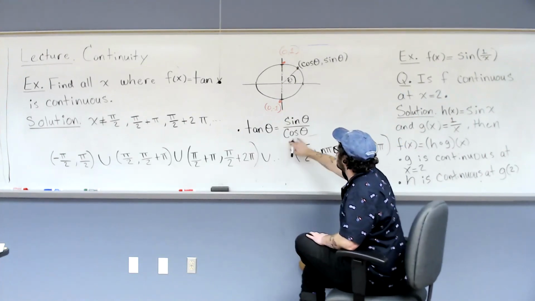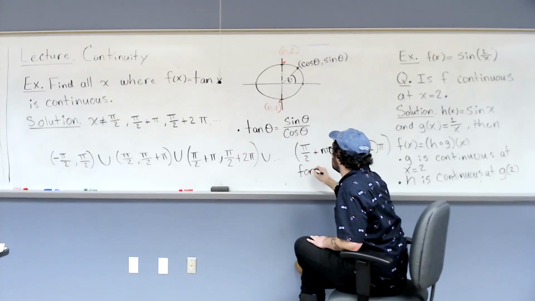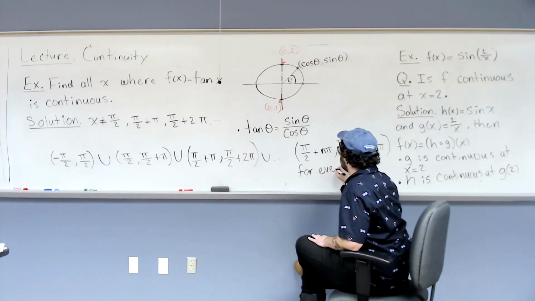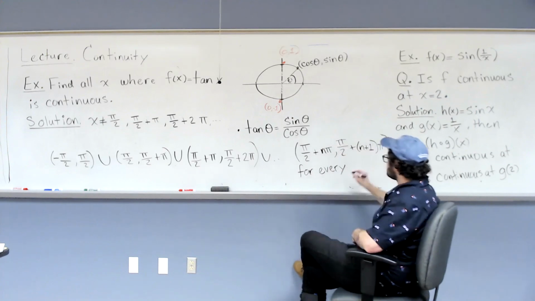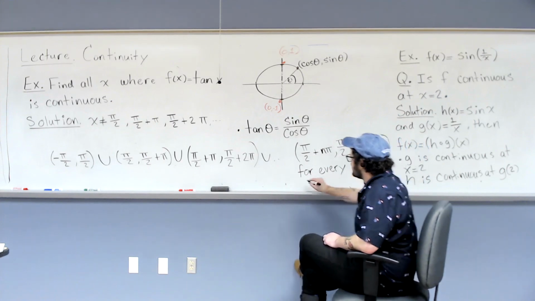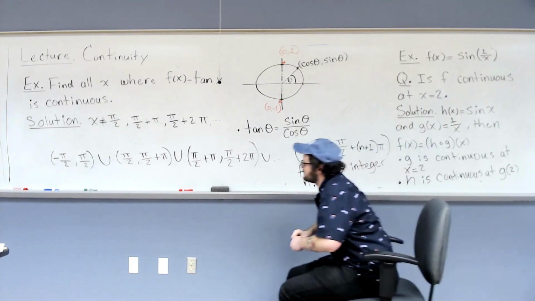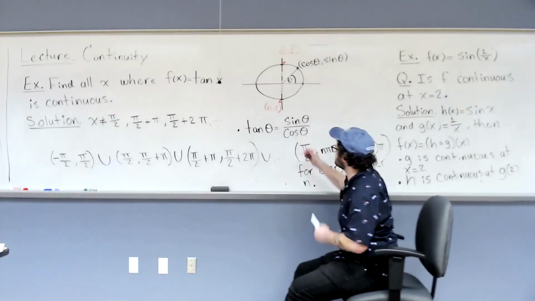So what about this right here, for every integer n. What about that? Does this make sense?